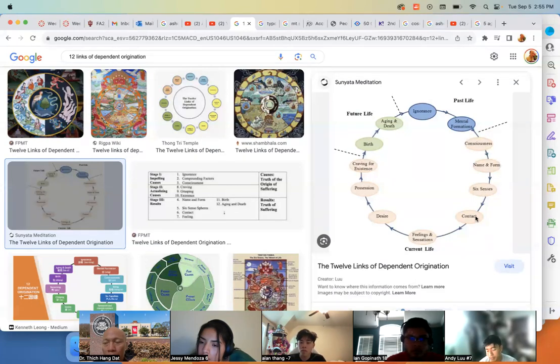We have contact. From contact, we have feeling and sensation, good feeling, bad feeling. And from that, we have some kind of desire. Let's say we have a good feeling with ice cream, for example. We want more. We attach more to that ice cream. And from that possession, we want to have more. That's why birth, aging, and death. This is a whole cycle. It's very complex. I just give you brief information.